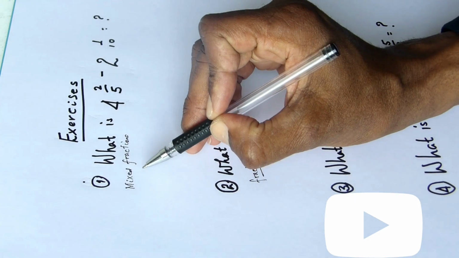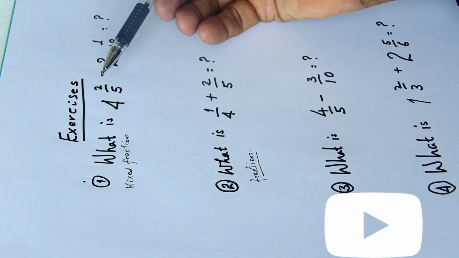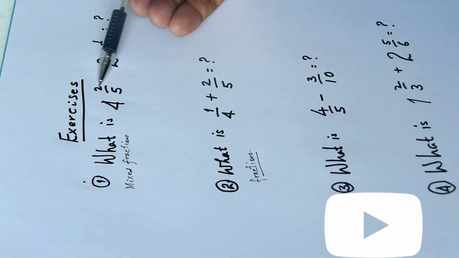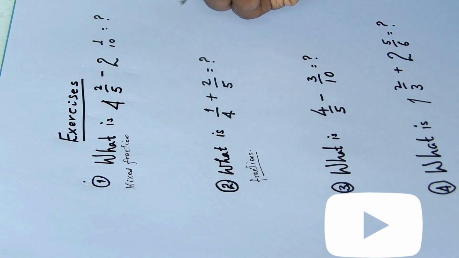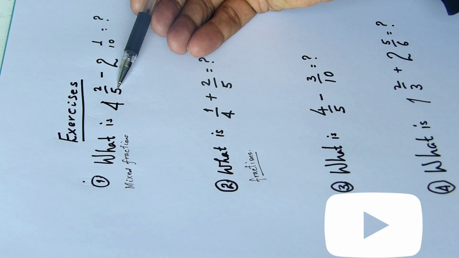Okay, when we are going to calculate mixed fractions, we need to multiply the whole number with the denominator. Look at the steps.